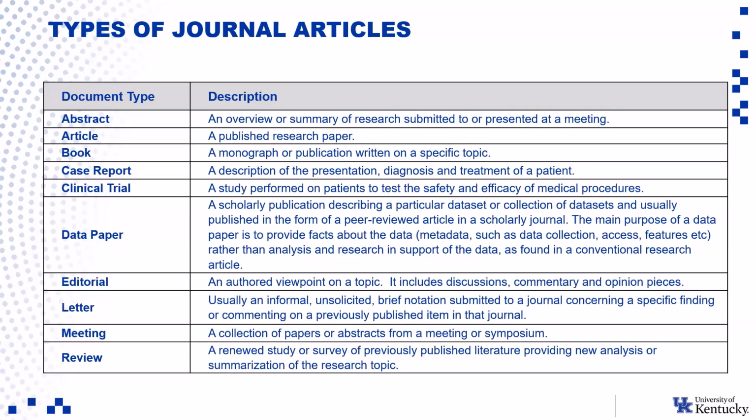So, types of journal articles. Just as there are many types of journals, there's lots of types of journal articles. The Web of Science maps all articles and indexes from various publishers and journals to a list of 28 generic document types. So you can see here on the screen, it might be an article, a case report, clinical trial, letter, meeting review.